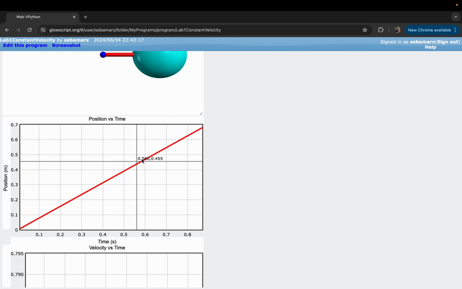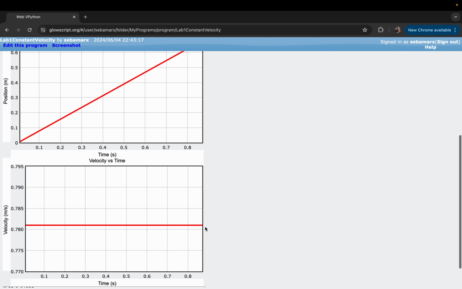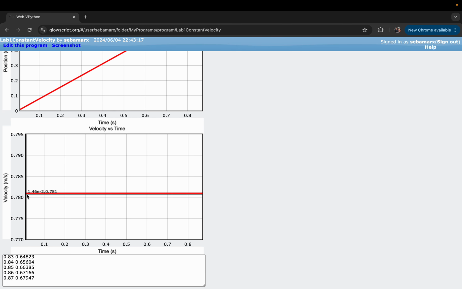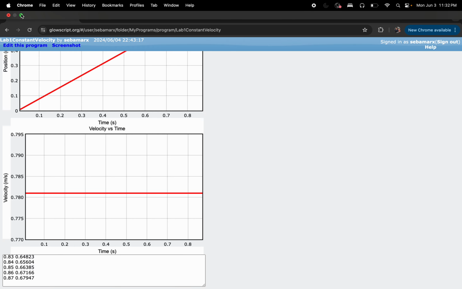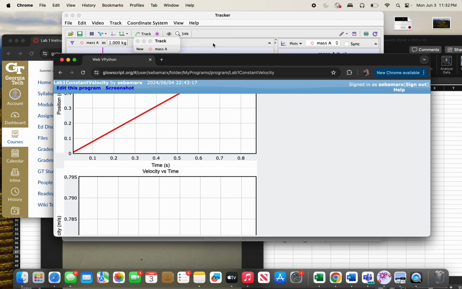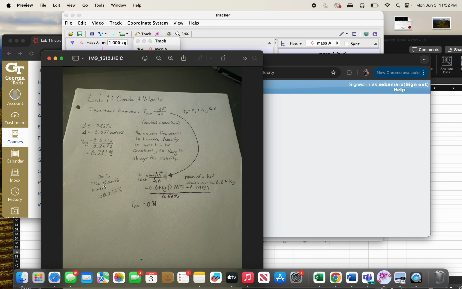Okay, so we've got a linear position versus time graph, and then a straight up horizontal velocity versus time graph. And this is because velocity is constant, so velocity is not changing, it's not going up. So it stays at right about 0.78, which was the velocity that we ended up deriving from our observed model.